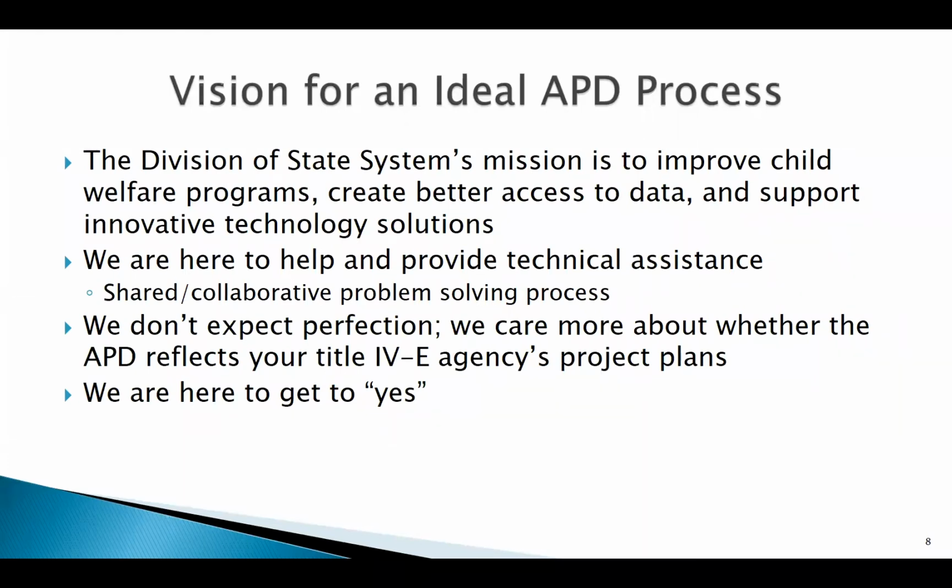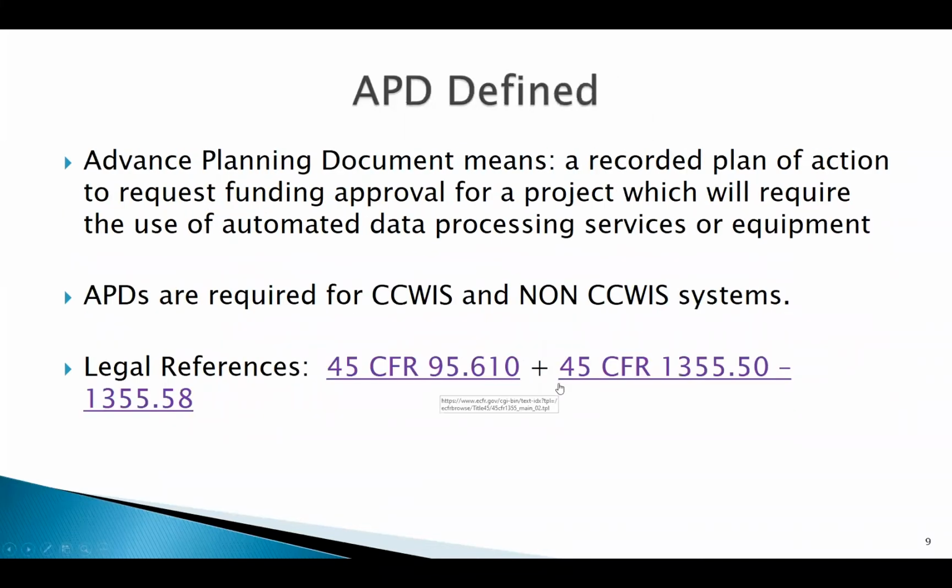We definitely want to have a shared, collaborative problem-solving process with our states, tribes, and districts. We truly do not expect perfection. We care more about whether the APD reflects your Title IV-E agency's project and plans, and truly our goal is to get to yes.